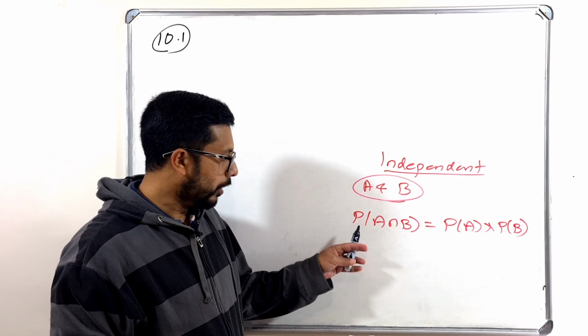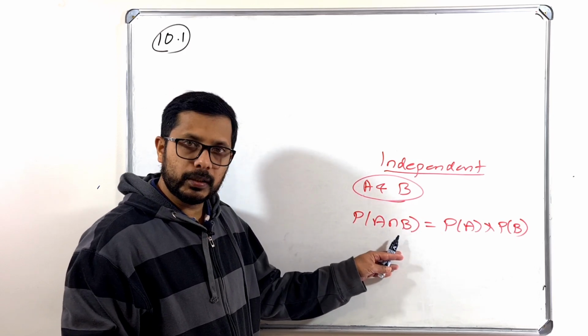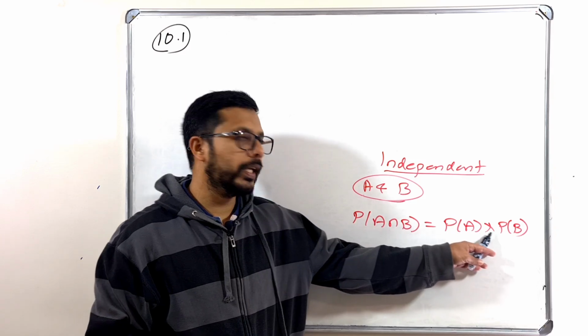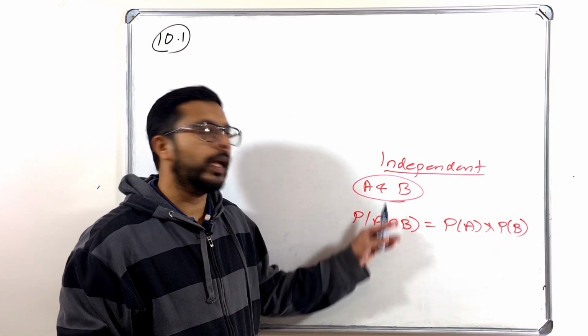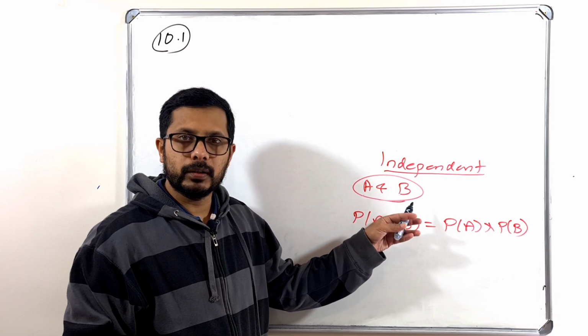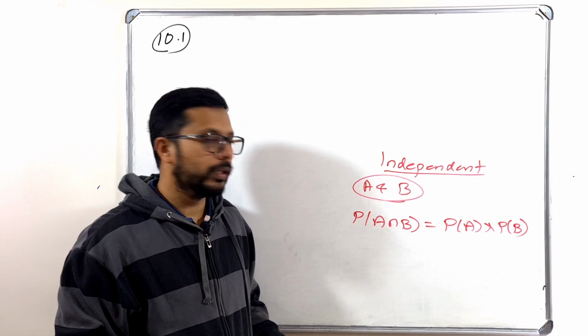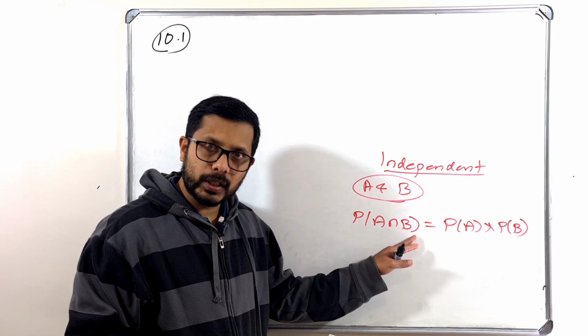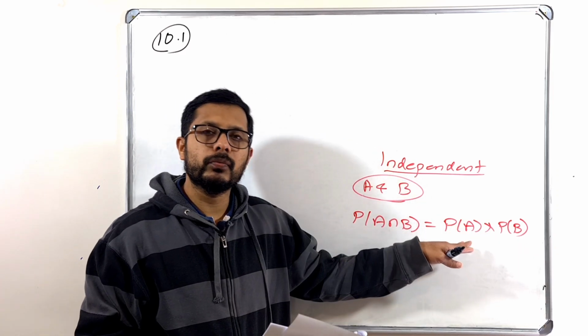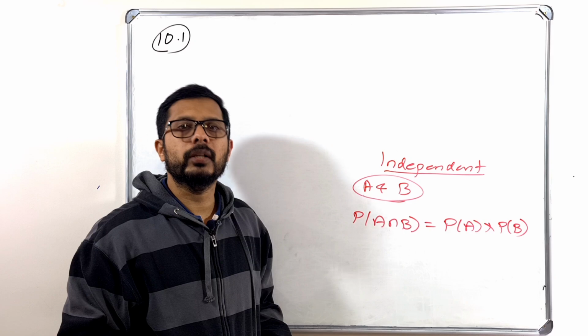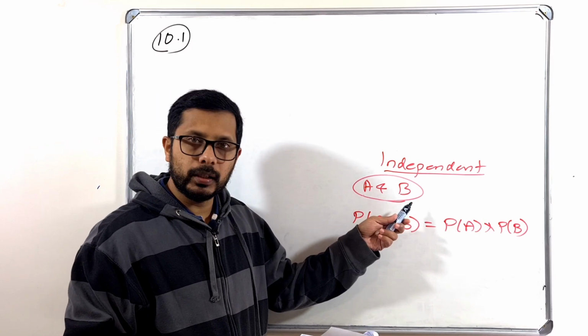What does it mean that the condition is satisfied? First you find the answer for the left side, then the answer for the right side. If both sides give the same answer, then A and B are independent.